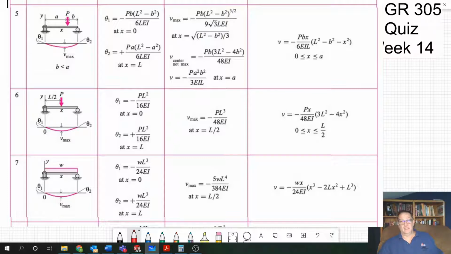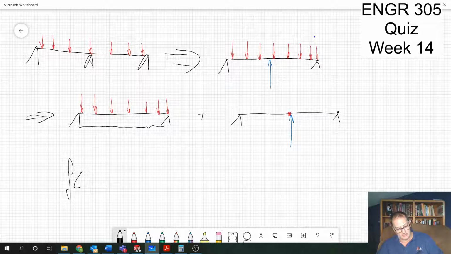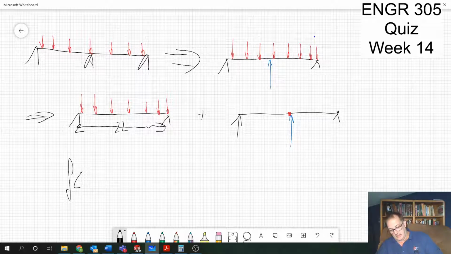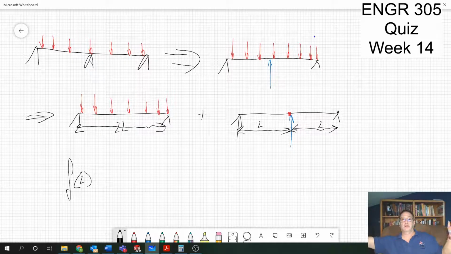Now, the really nice thing about, and this is why we get to use 6 and 7, is we're looking for the deflection at the middle point because my boundary condition that I'm going to apply is delta, and I have to be careful here because that length is 2L, and this length is L. And the reason I have to be careful is when I say delta at L, normally I would be thinking of delta all the way at the end.